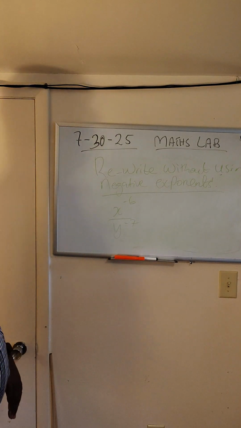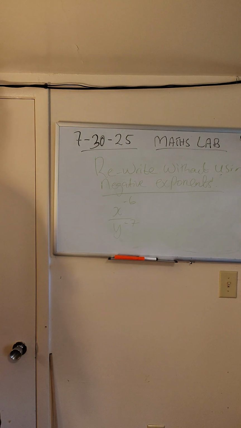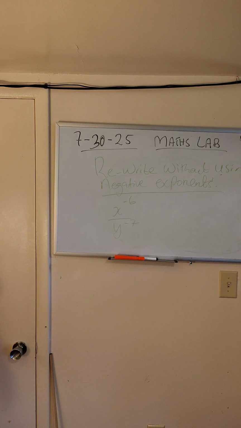This one seems familiar, looks like we've done it before, but let us see how we're going to do this. Remember, when you are rewriting that kind of expression without negative exponents, we are going to switch it up.